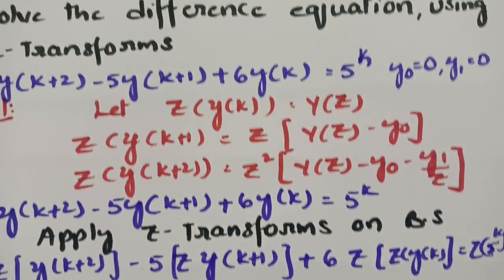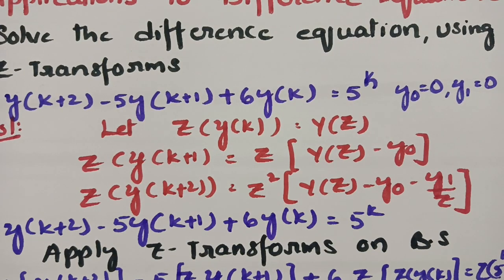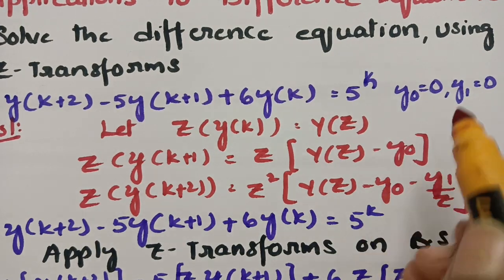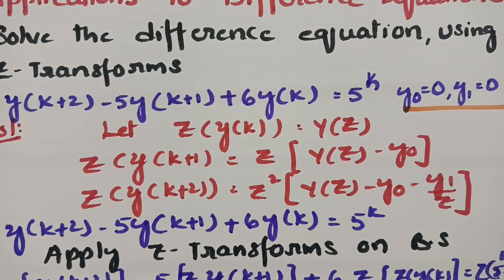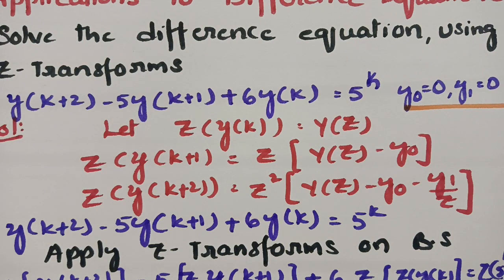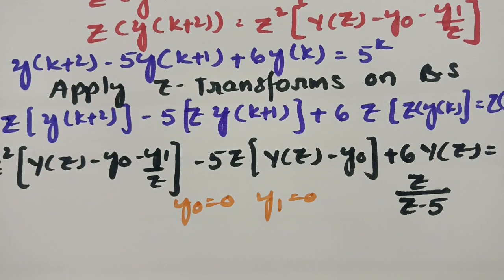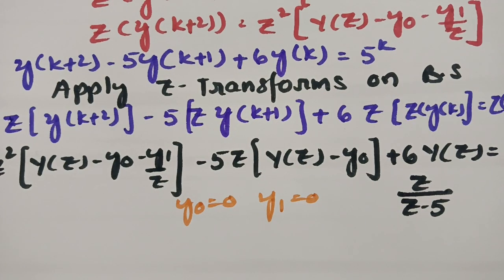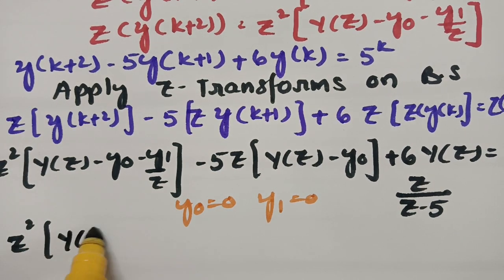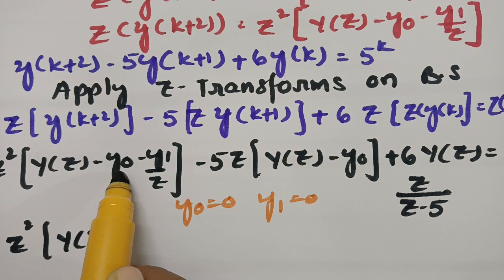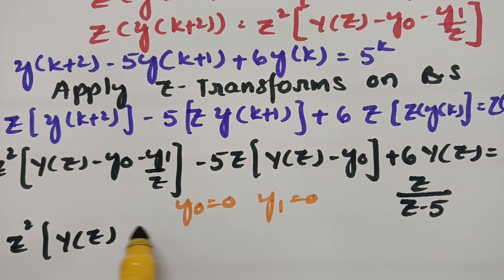What are the conditions given? y(0) is 0 and y(1) is equal to 0. Now I am substituting the conditions here. So this will be z squared times Y(z), since y(0) is 0 and y(1) is also 0.